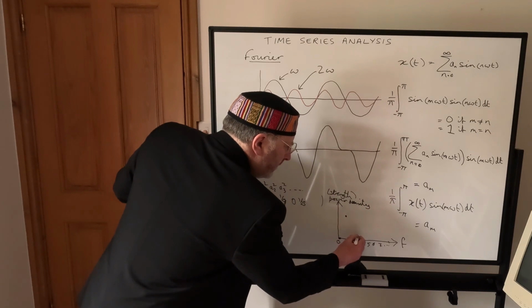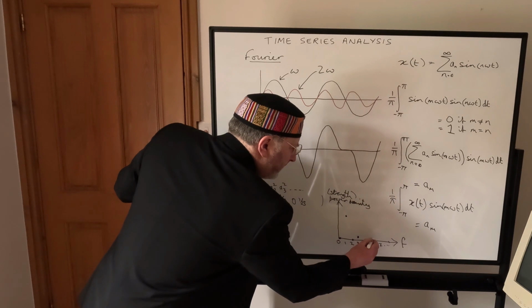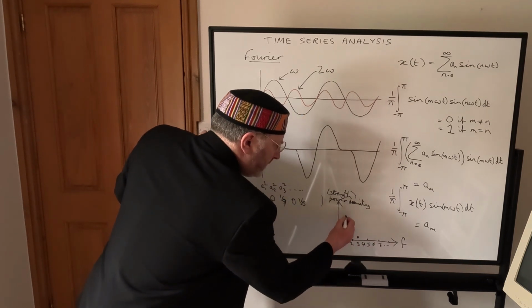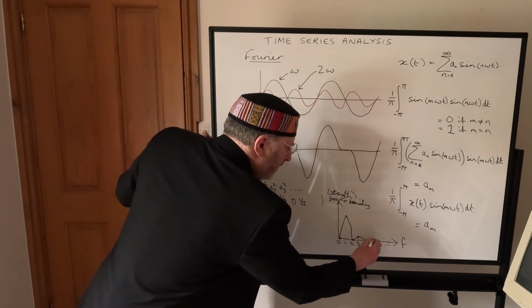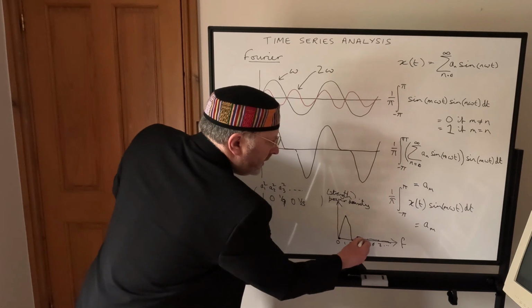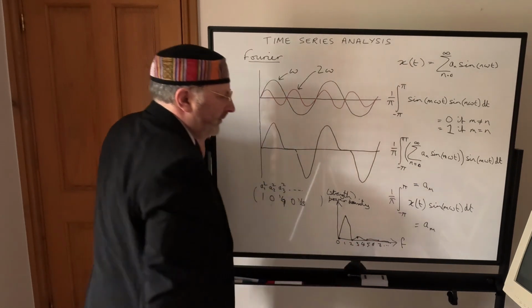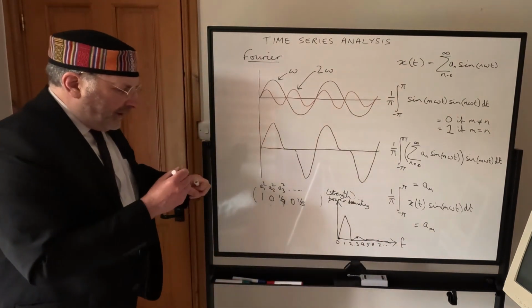At 3 it was a third, which comes to a 9th, and then a 25th, and a 49th. So we'll get something looking like that, just having peaks at the odd numbers and decreasing as we go to higher and higher frequencies.